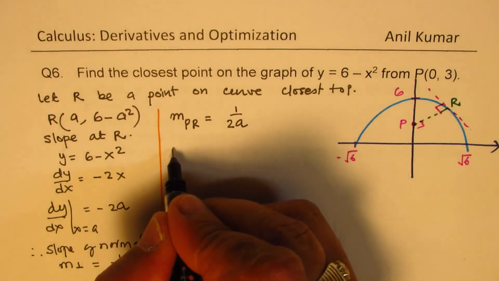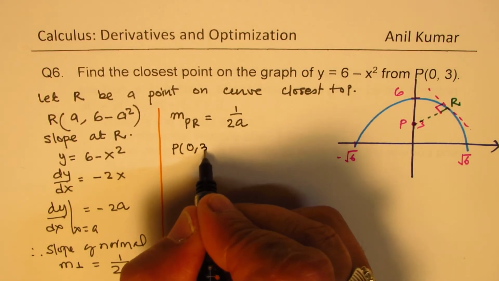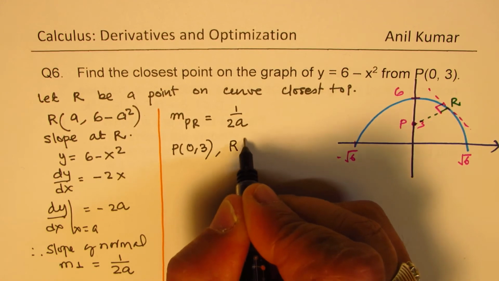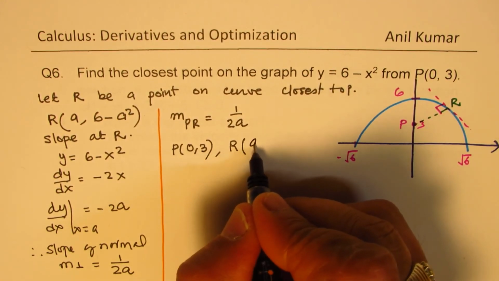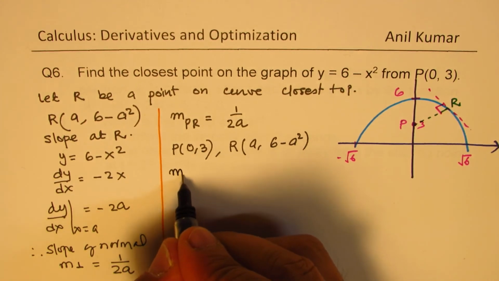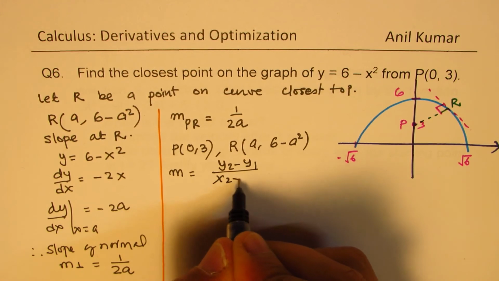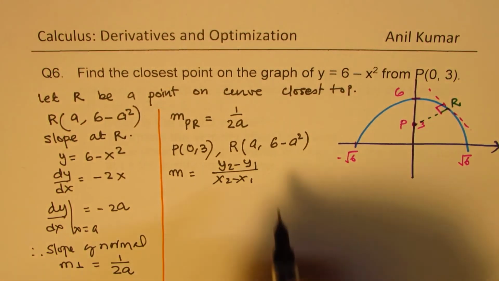Now we know that the coordinates of point P are (0, 3) and the coordinates of point R are (a, 6 minus a squared). Now we can also find the slope using (y2 minus y1) over (x2 minus x1), right?